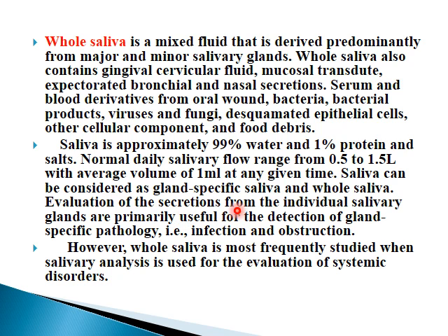Evaluation of the secretion from the individual salivary glands is primarily useful for the detection of gland-specific pathology, i.e. infection and obstruction of the salivary gland. However, whole saliva is most frequently studied when salivary analysis is used for the evaluation of systemic disorders.